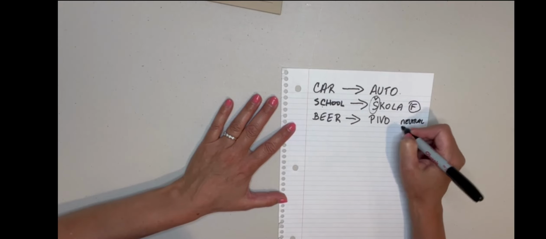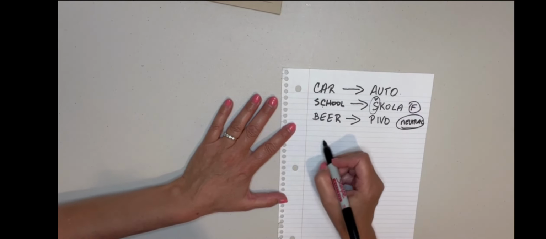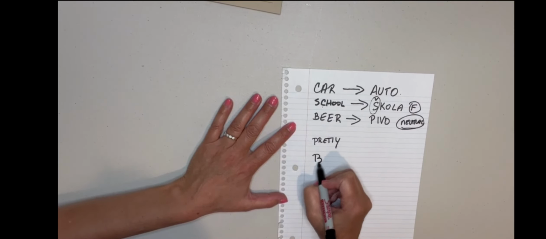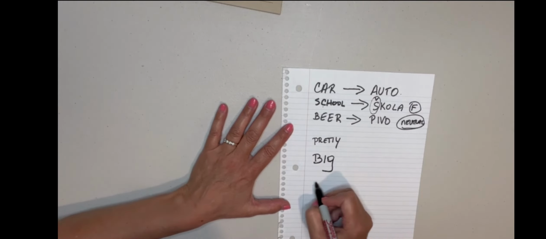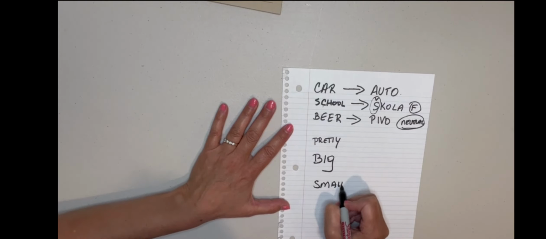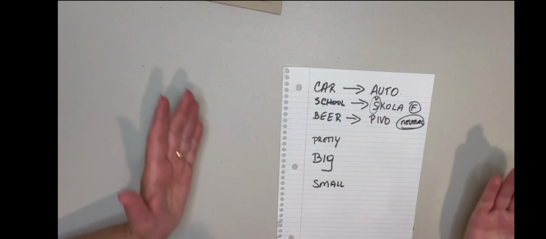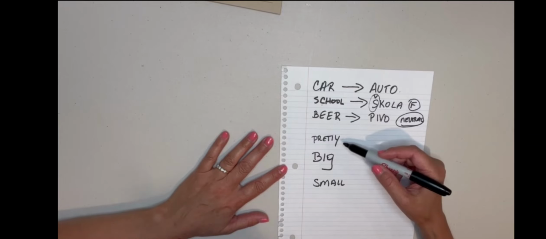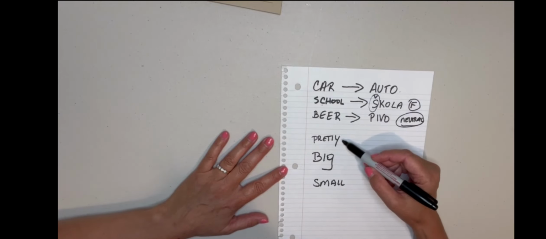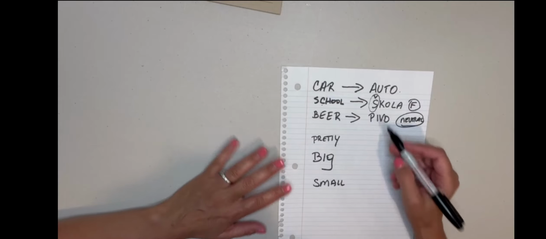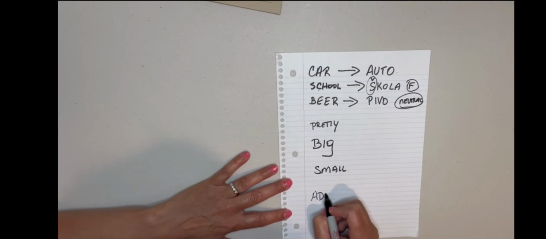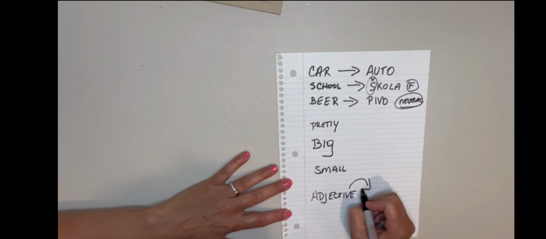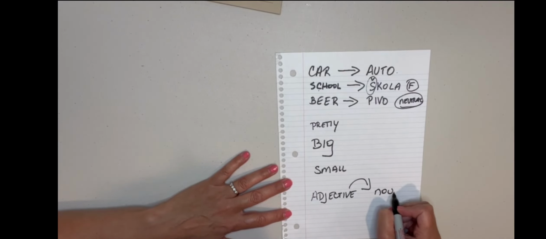Neutral. Same thing with adjectives. I can say pretty, or big, or small. In the English language, there are no genders assigned to it, but in Serbian, the adjective will always look to the noun and match that.